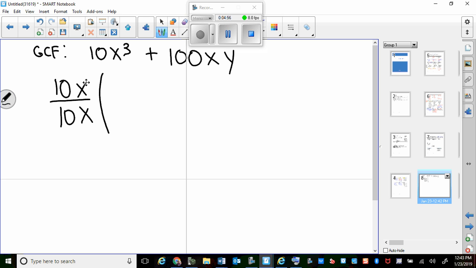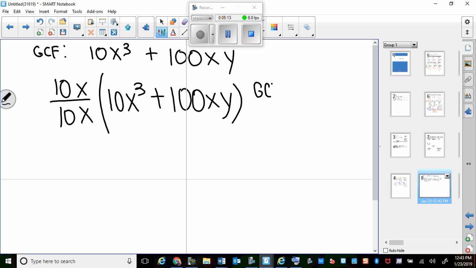Now, the original expression is 10x cubed plus 100xy. So when you're supplying your answer here, you need to write out the greatest common factor times, parentheses, the original expression.